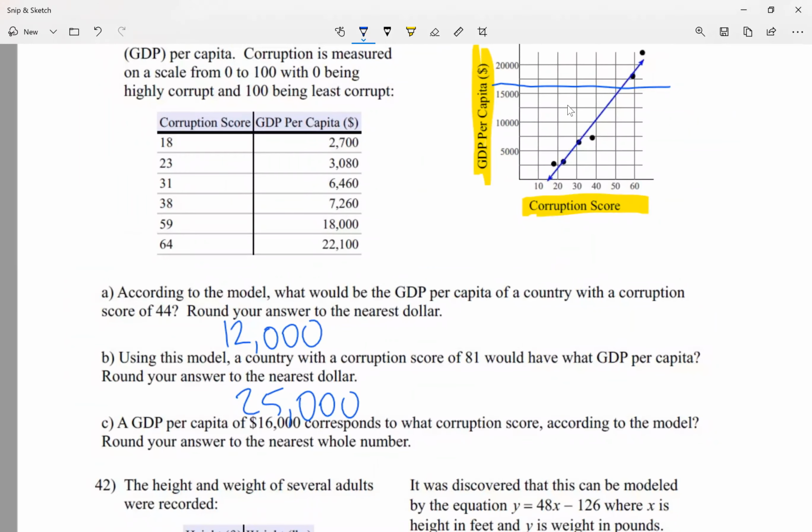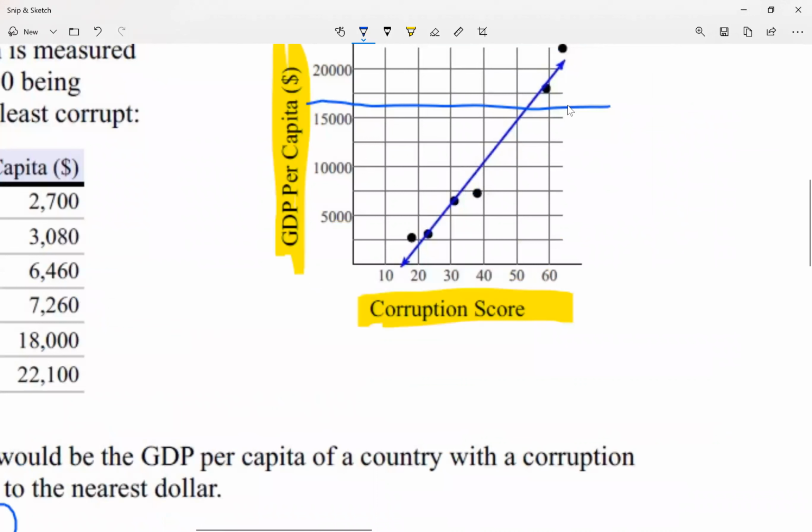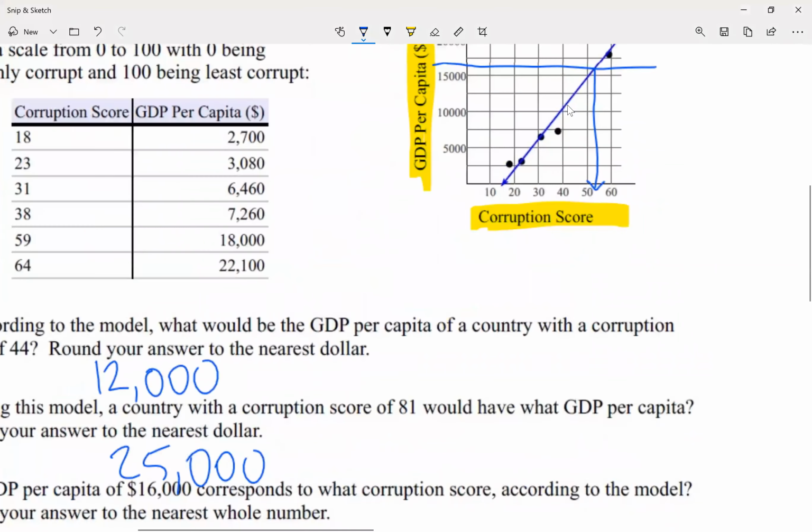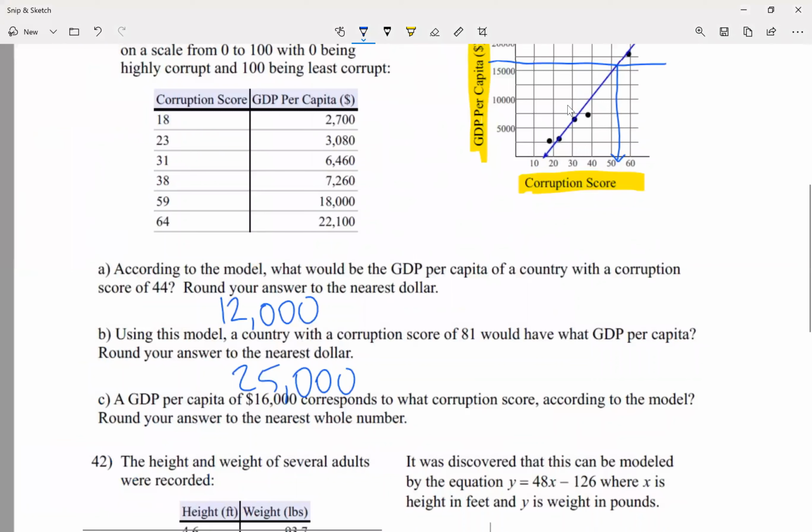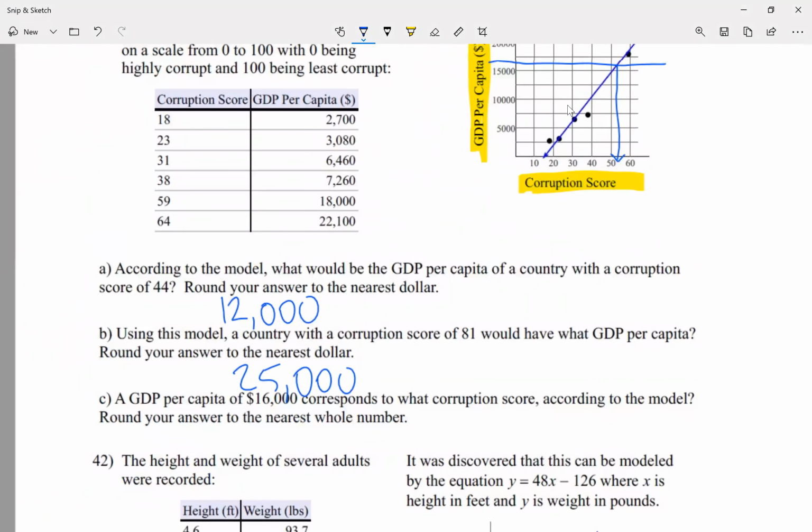It corresponds to what corruption score according to the model? Now the number given comes from the left, so what will be the number at the bottom? More than 50, less than 60, not too much more than 50. So it looks about 52.